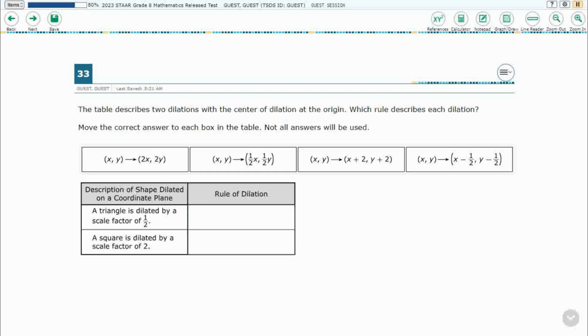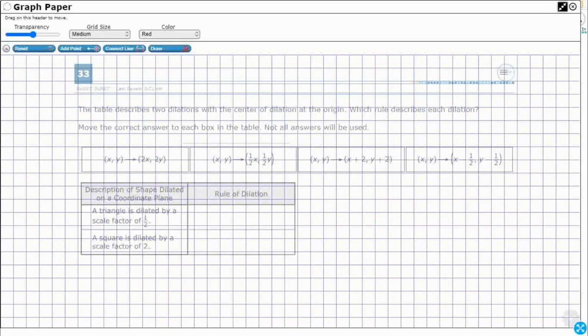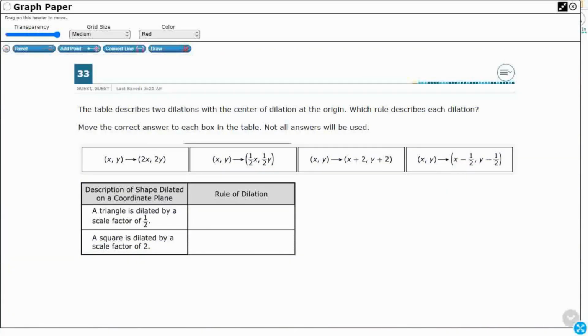So let's take a look at our dilations here. What do we know about them? Well, dilations can be represented algebraically like this: (x, y) goes to (kx, ky), and that k is your scale factor. And if we look at that word scale factor, it gives us a big clue here.